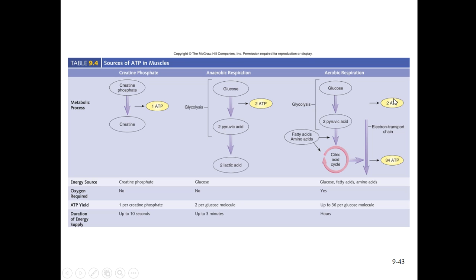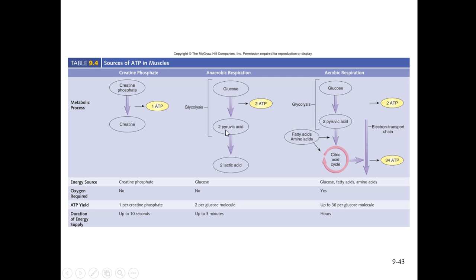So for those first 10 or maybe 15 seconds that I'm sprinting away from this predator, I don't really have to breathe, and I certainly don't have to eat because I have both oxygen and fuel, and so I'm ready to go. Now the problem is, very quickly I run out of oxygen, and so then I have to start burning my glucose into pyruvic acid, just as we saw here with this first phase.